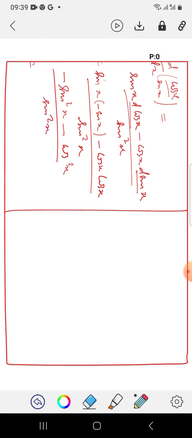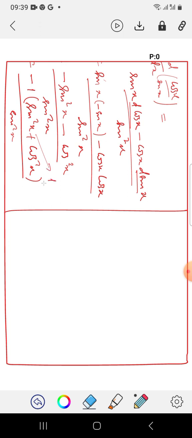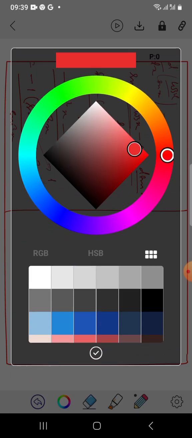Now what we have at the top, we can factor out minus 1. So we have minus 1 here, and then we have sine squared x plus cos squared x, everything over sine squared x. All right, so this, of course, is 1. And okay, I'm just being playful, don't mind me.